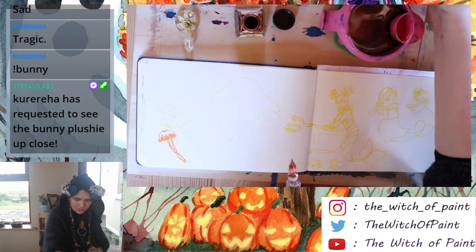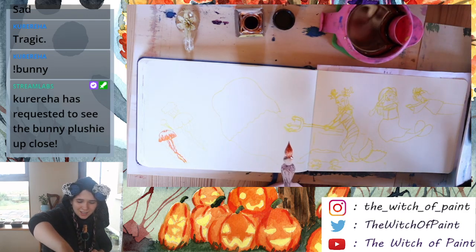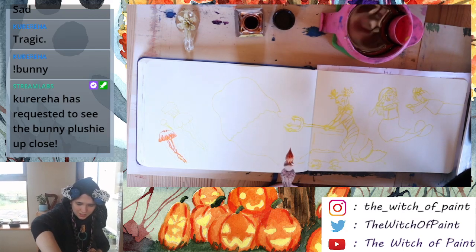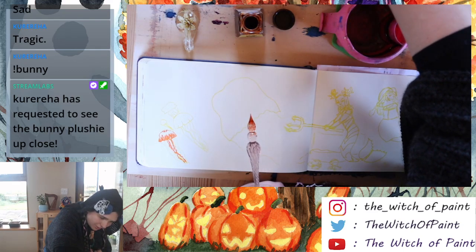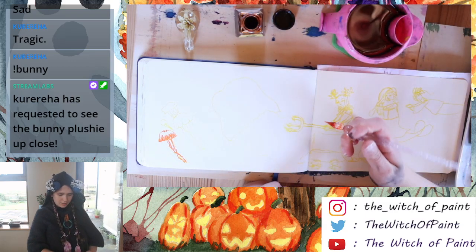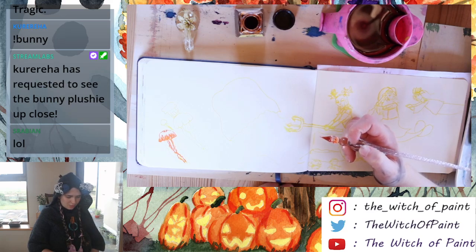Let me just put that phone right there. Never mind. Okay, I get it. I haven't changed the thing yet. Oh great, my swatch card. I'm sorry, I still have not gotten around to finding a bunny. Or a V-bunny, rather. Could just make a new one.